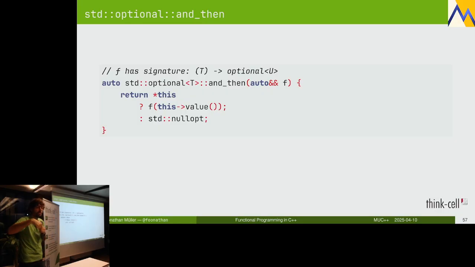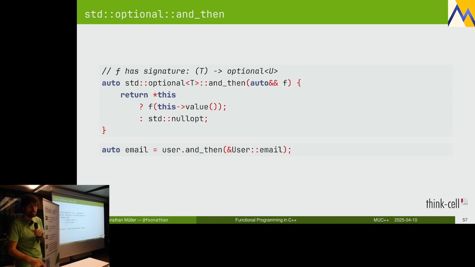So we call it with a function that in itself already has failureness built in, whereas with transform, we call it with functions that don't have failures. So if we call user.and then the email, then we won't get an optional of an optional, we just get an optional. And we lose the information to distinguish between what exactly failed. But this is what we want.